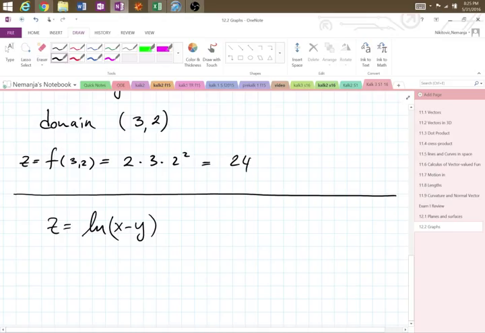So what is the domain? Is it all real numbers for both x and y, or is there some kind of restriction?